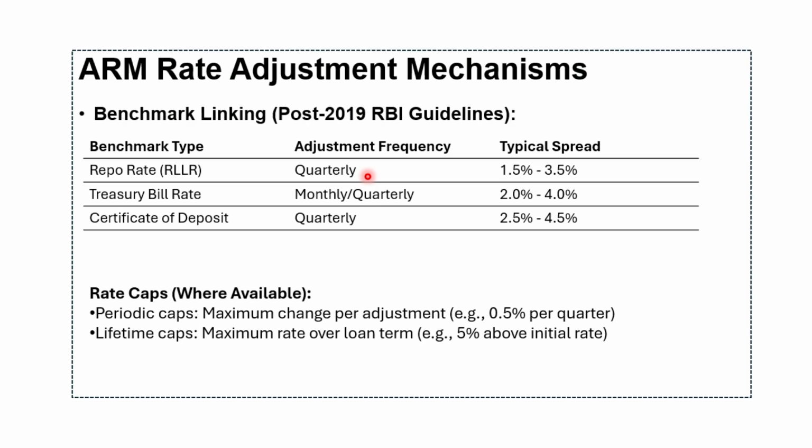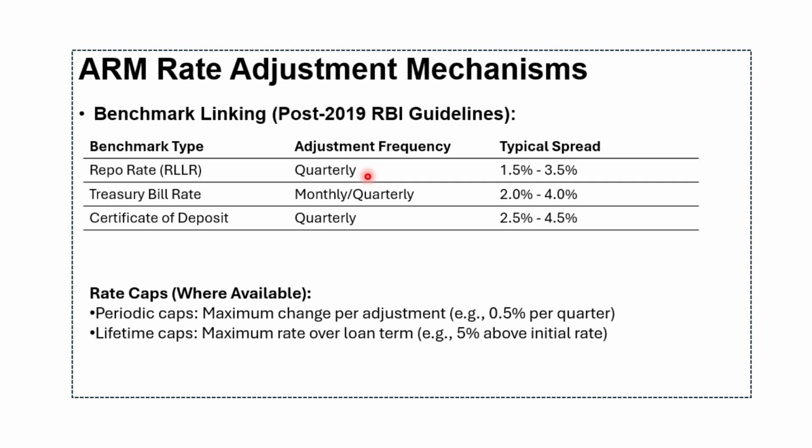Treasury bill linked rate adjusts monthly or quarterly, offering more frequent rate changes but potentially a higher spread of 2 to 4%. Certificate of deposit linked rates used by some institutions typically carry a spread of 2.5 to 4.5% and adjust quarterly.